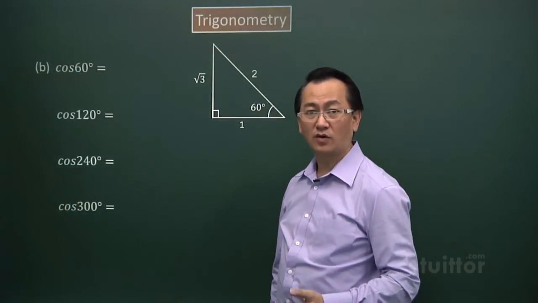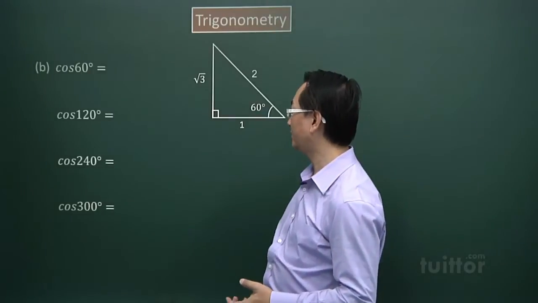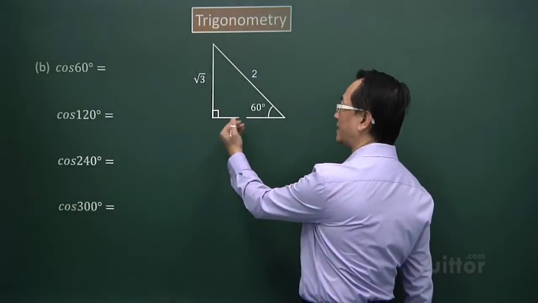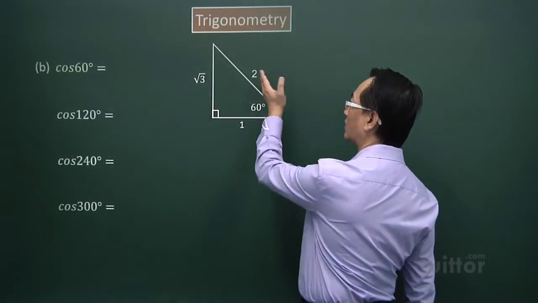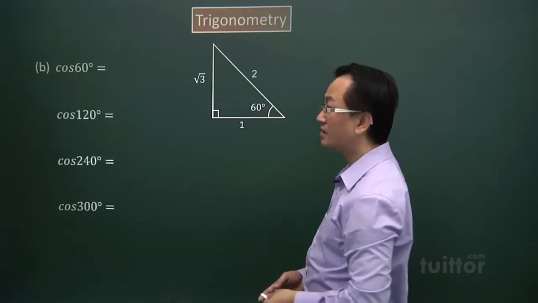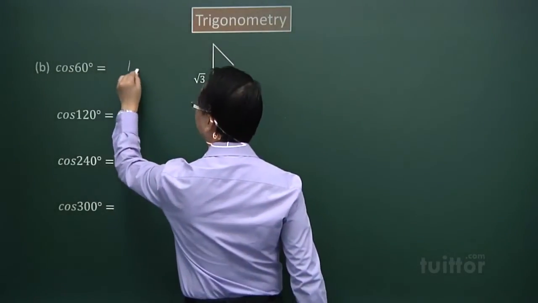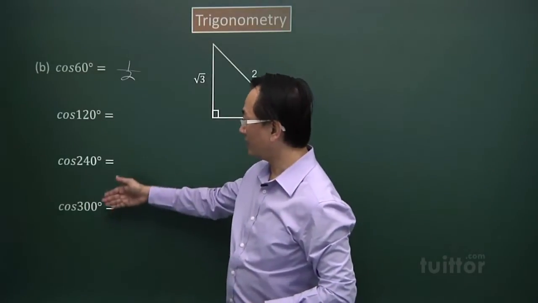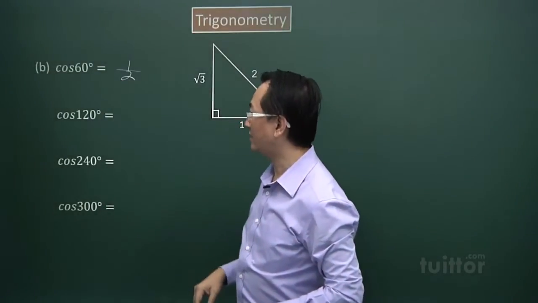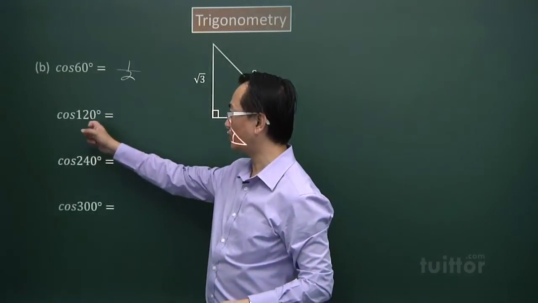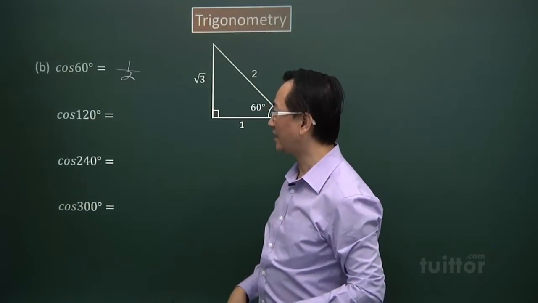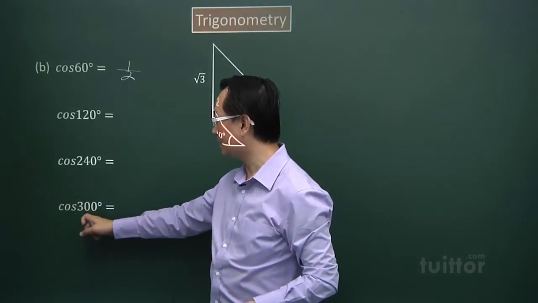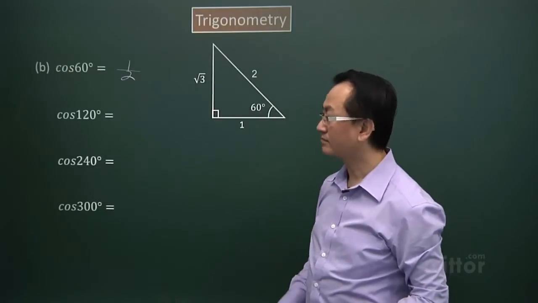Now we are looking at cosine 60. When we consider cosine 60, we are looking at the adjacent side over the hypotenuse. So in this case, cosine 60 is just half. Now these are the angles generated from the basic angle. 180 minus 60 is 120, 180 plus 60 is 240, and 360 minus 60 is 300 degrees.